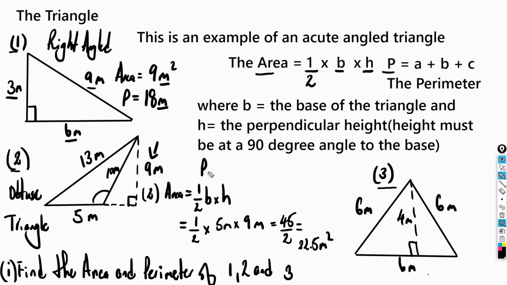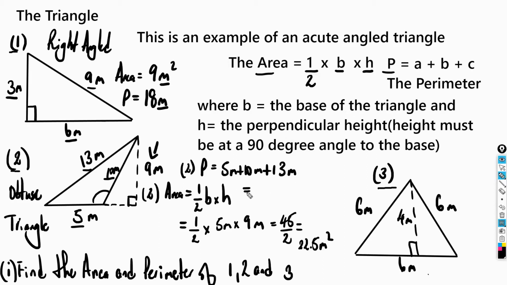Now the perimeter for number 2 should be equal to the 5 meters plus 10 meters here plus 13 meters. So it would be 5 plus 10 plus 13. Oops, not 113, just 13 meters.